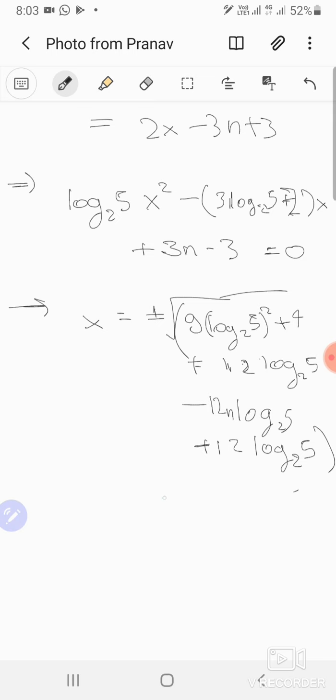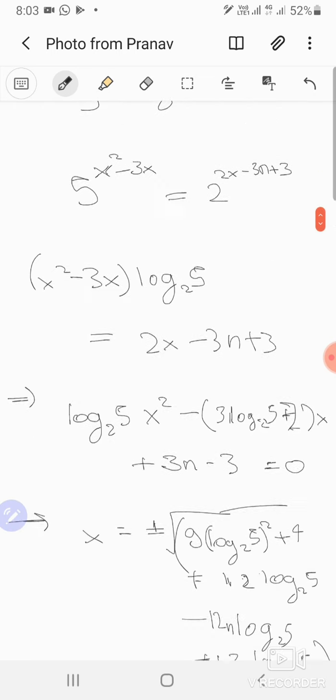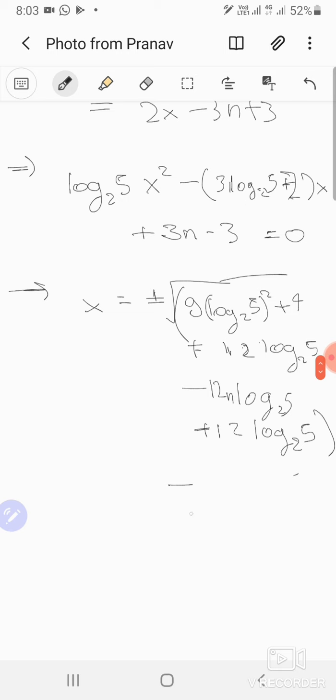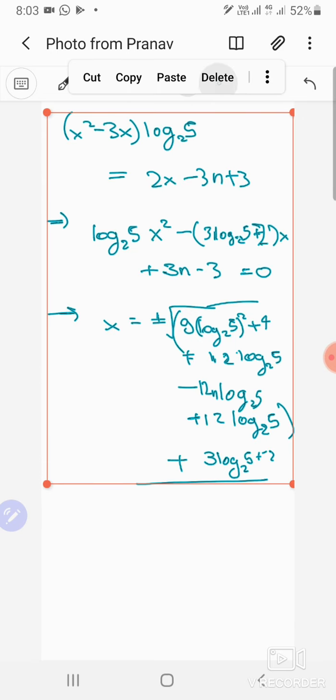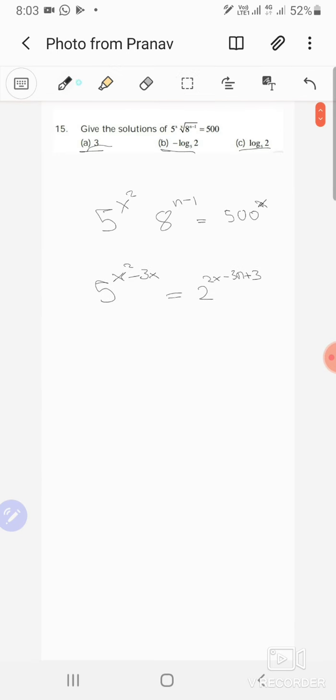And then you got minus b, which is minus of this thing, that's going to be plus 3 log base 2 of 5 plus 2, divided by 2a. Oh god, that's a very big calculation. That's not good. That's not the way we are supposed to be doing this. Okay, fine.